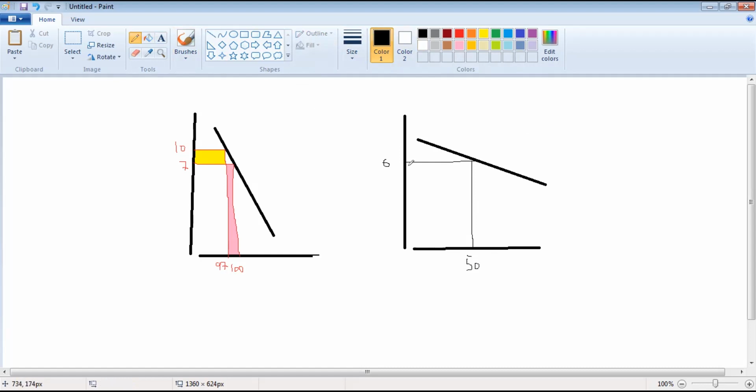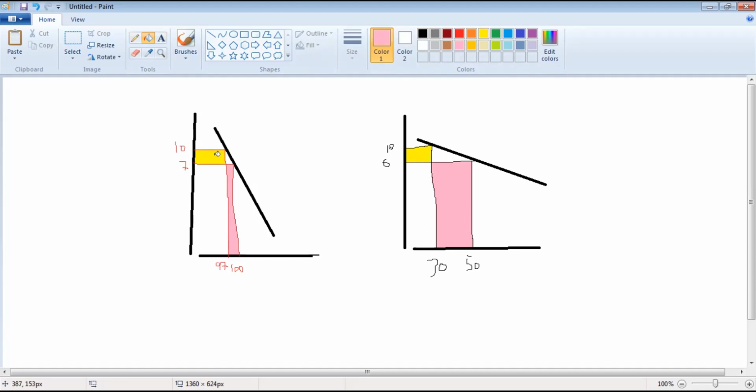For some reason the price was increased by, let's say, $4, to $10, and now the demand is maybe 30. So now look at these two areas: the change in price and the change in demand.